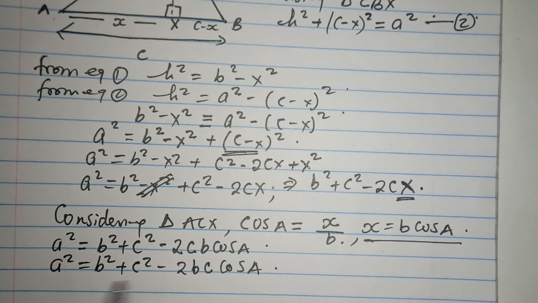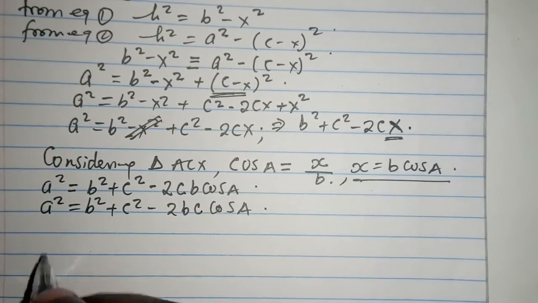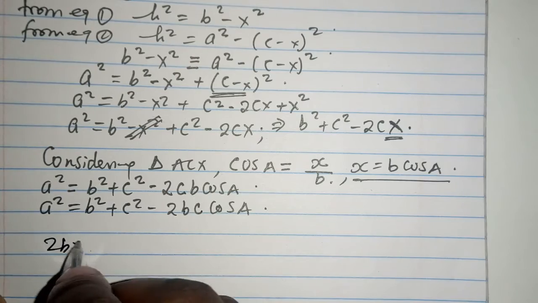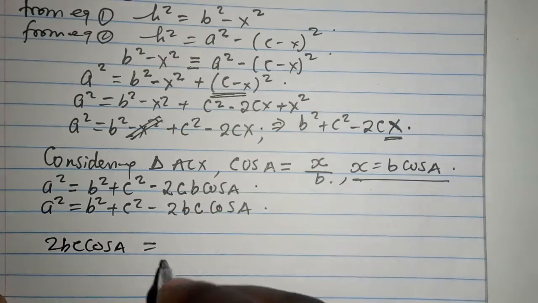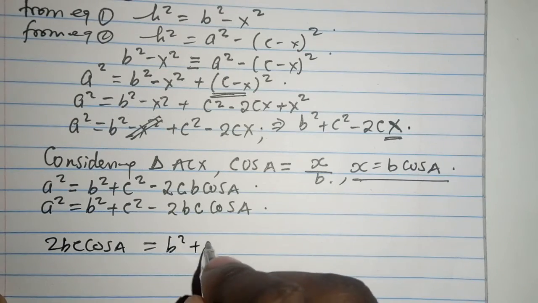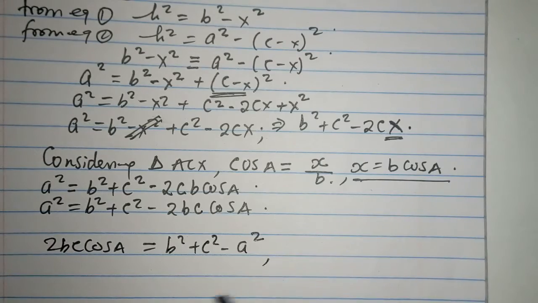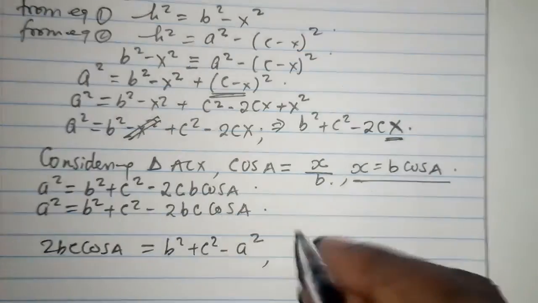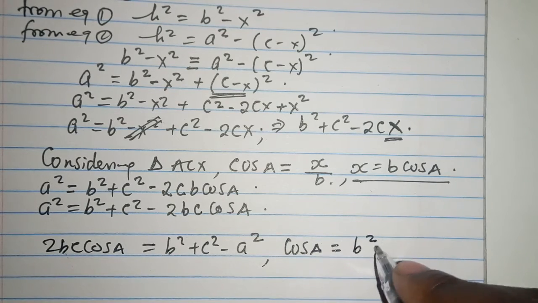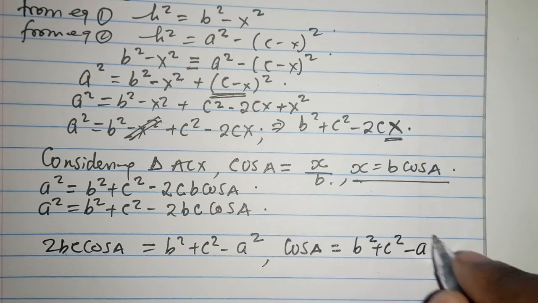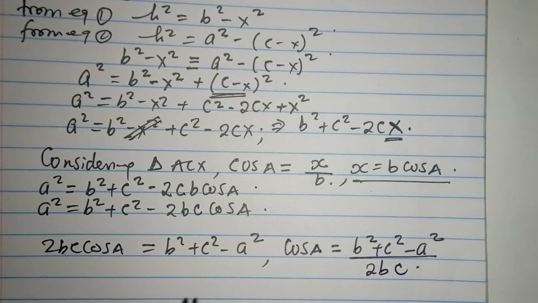Now you can make anything the subject of the formula here. If you cross 2bc cosine A over to the other side, it is b squared plus c squared minus a squared. By extension, cosine of A itself is b squared plus c squared minus a squared, everything over 2bc.